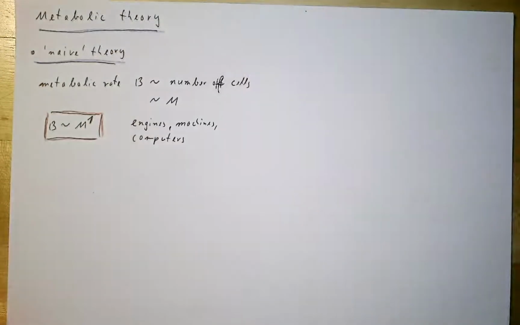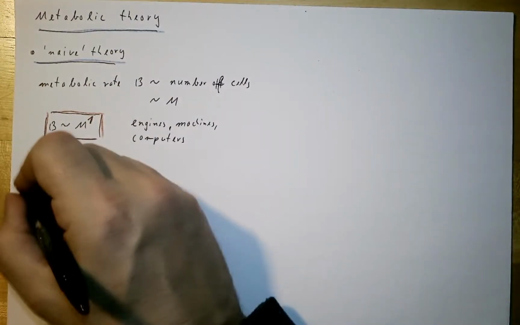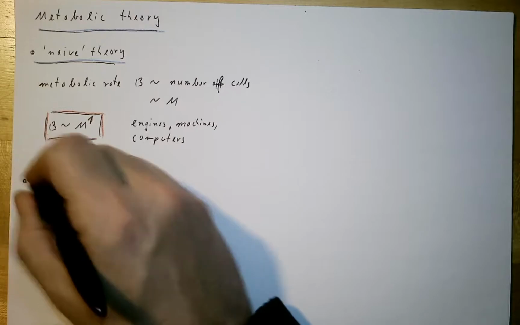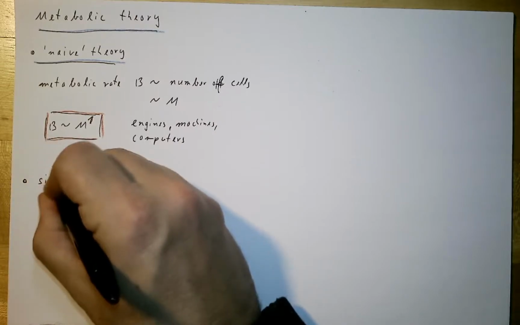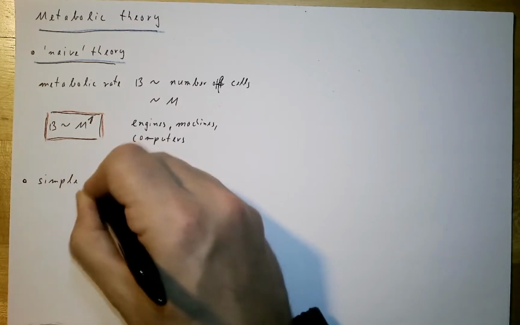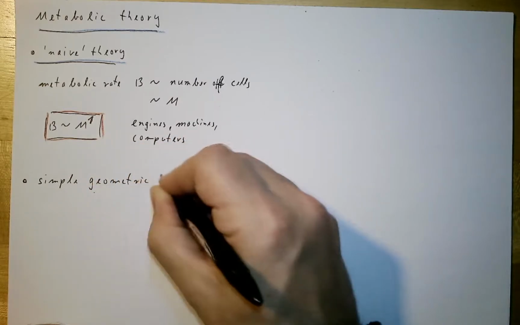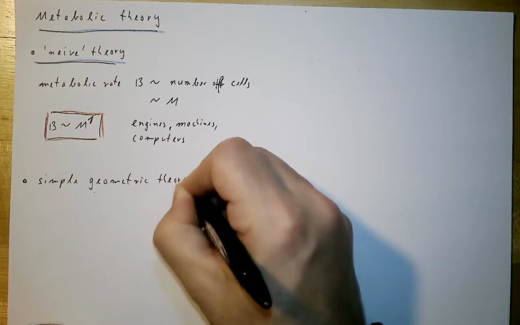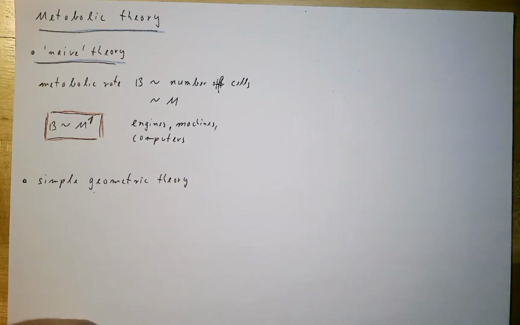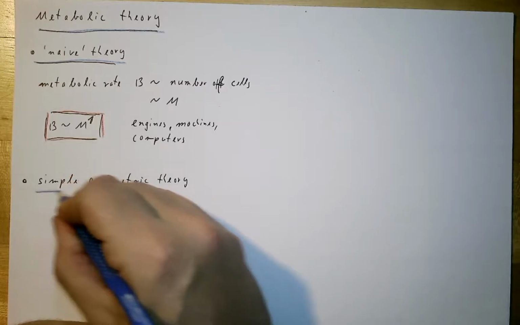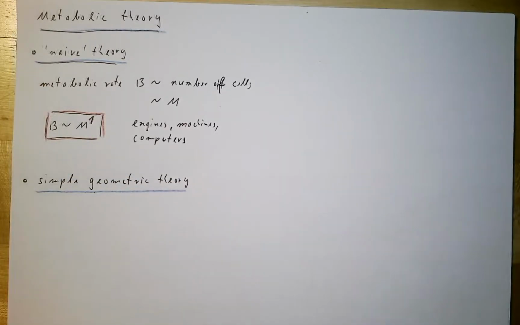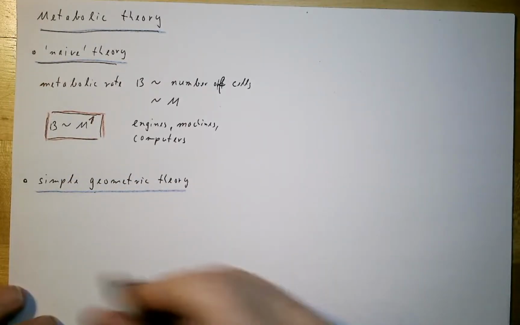So what would be the next theory that we could come up with? And that would be the geometric theory. So we would try to explain everything by surface to volume ratios.